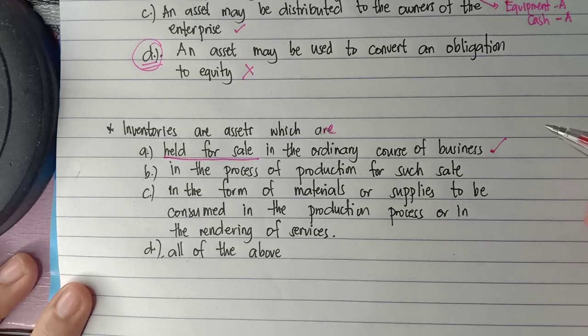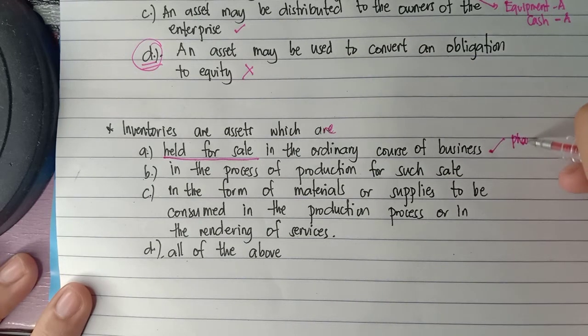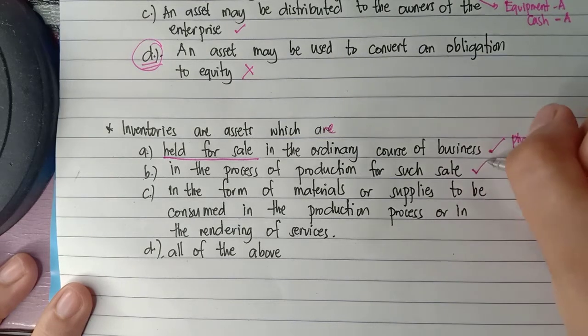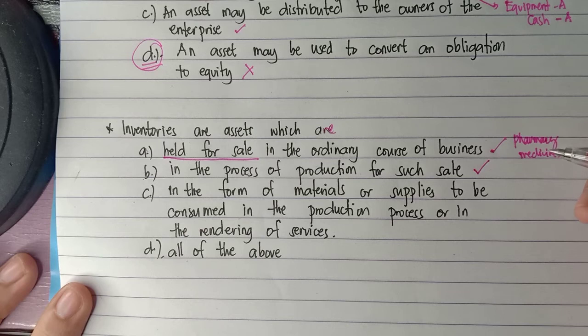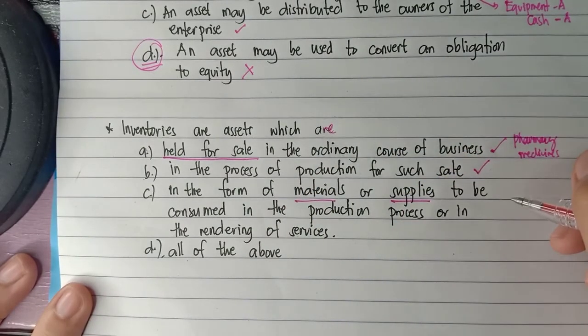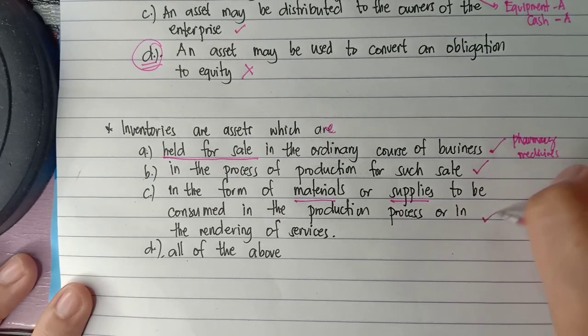For example, in a pharmacy, so what are the inventories? So, medicines and others nga binibenta ng pharmacy. Then, in the process of production for such sale, yes. In the form of materials, yes, materials or supplies to be consumed in the production process or in the rendering of services?